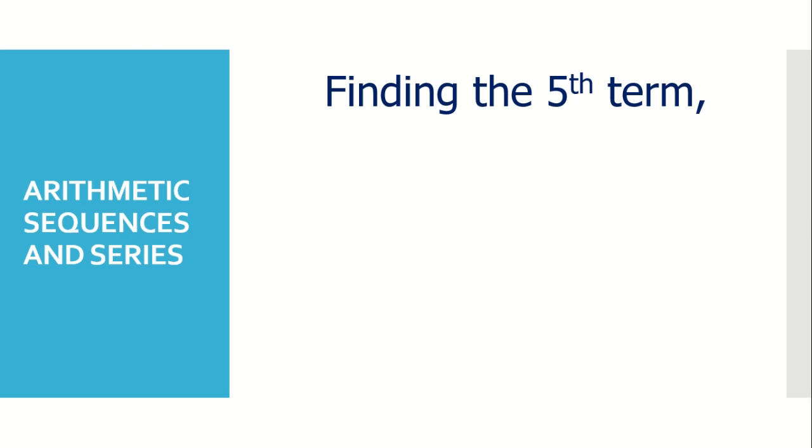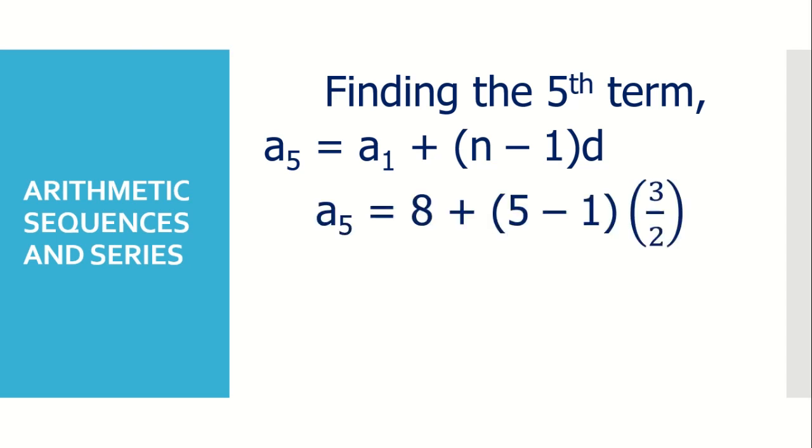To find the fifth term, we have a sub 5 is equal to a sub 1 plus the quantity of n minus 1 times D. Substituting the obtained values of a sub 1 and D, we'll have a sub 5 is equal to 8 plus 5, because we're looking for the fifth term, that would be our n, minus 1 times 3 halves.